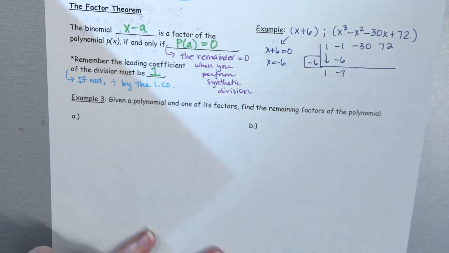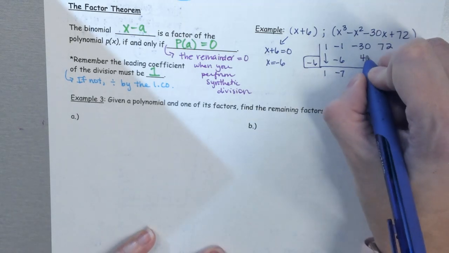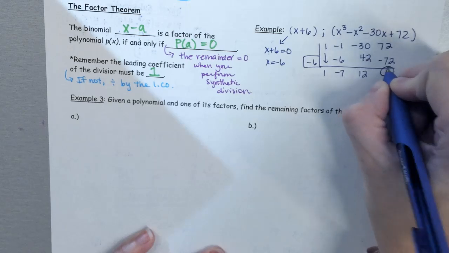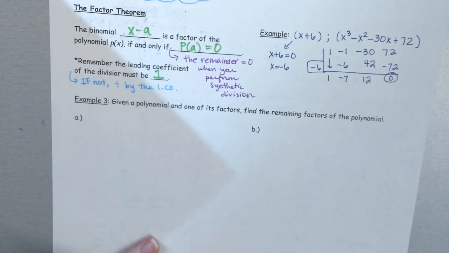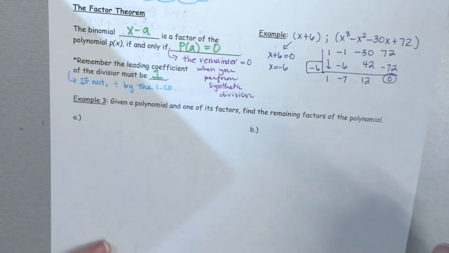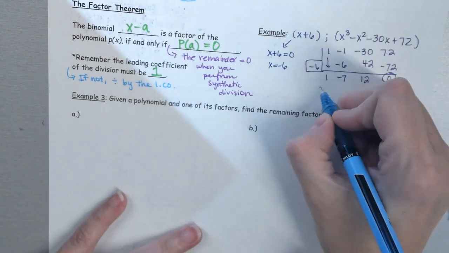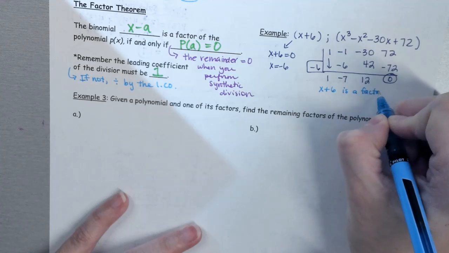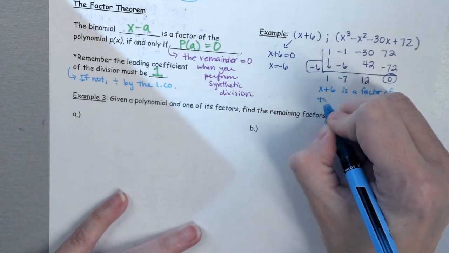So multiply, add straight down. 42 minus 30 will be 12. You get negative 72. Yay. Okay, so if the remainder is 0, what that means is x plus 6 is a factor of the polynomial.